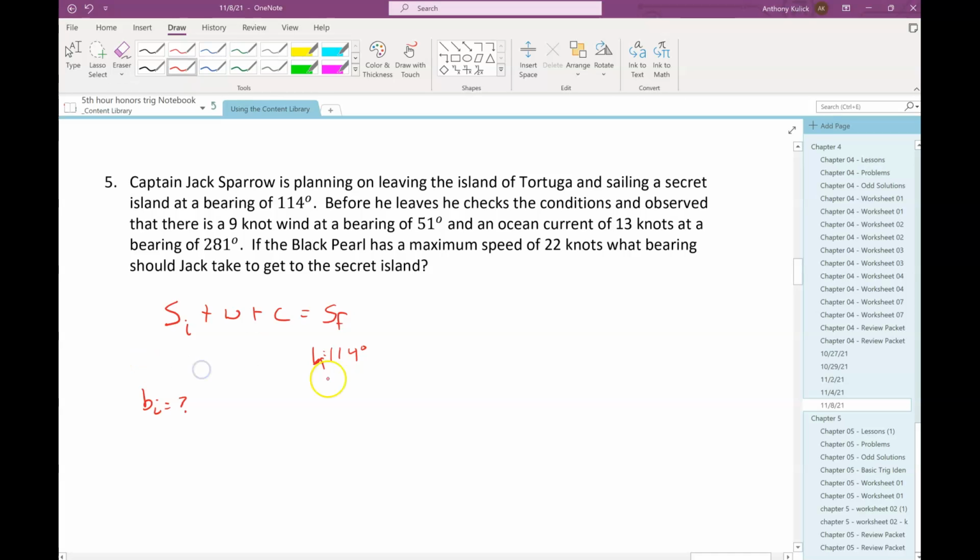I think that this is supposed to be here.